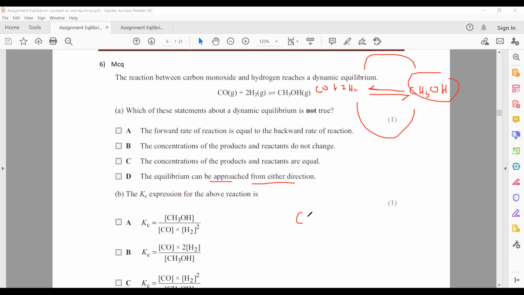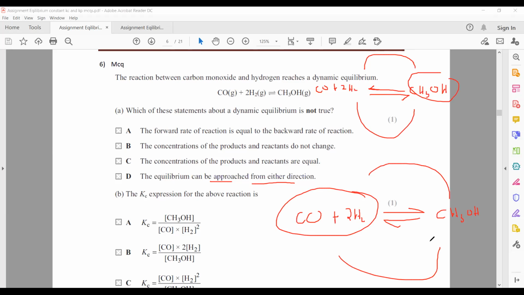Or if I don't have methanol, and originally I have carbon monoxide and hydrogen, and I react both of them, what will it form? It will form methanol, and we will reach a time when the rate of the forward and the backward reactions are the same, so we will say we reach equilibrium. So equilibrium can be approached from either direction.